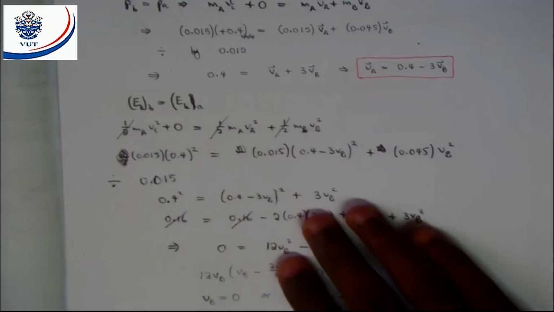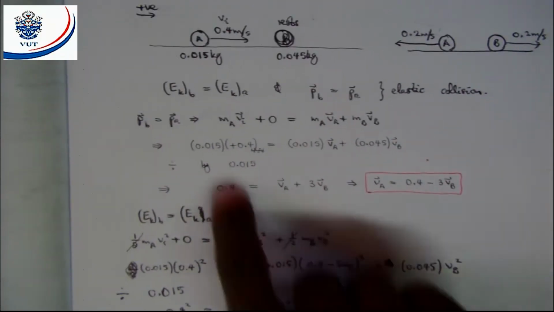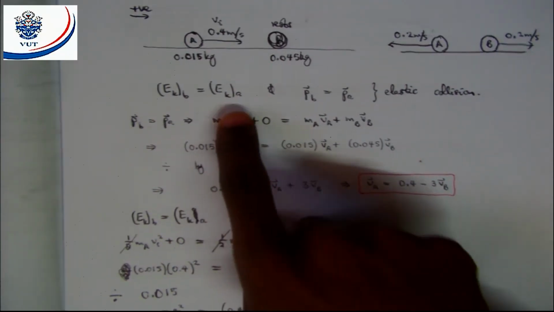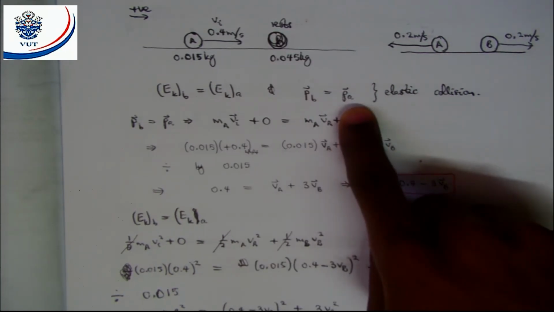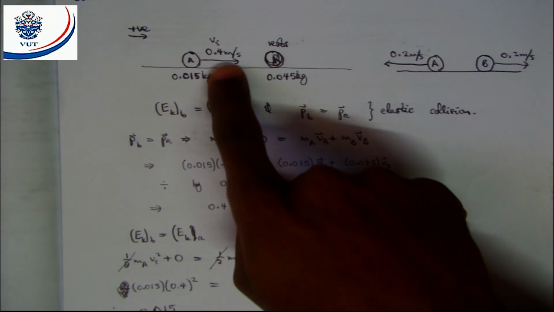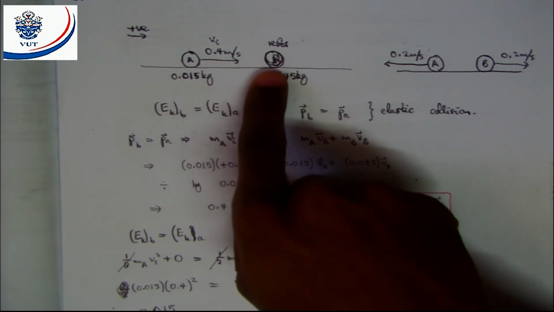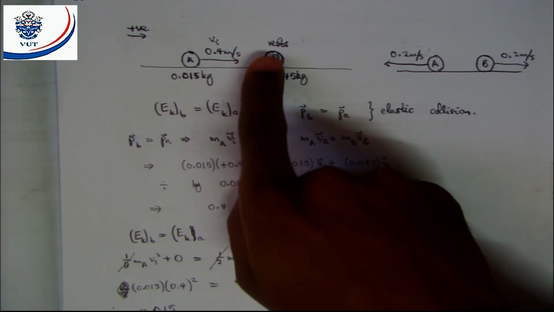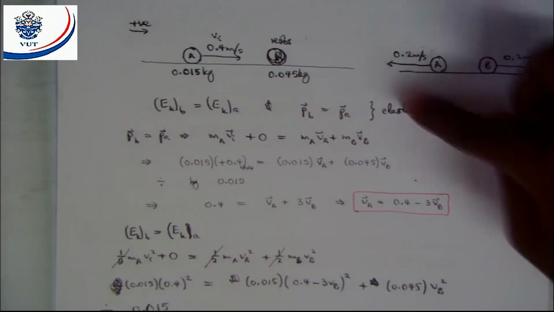My solution is a very long solution. Kinetic energy is conserved and momentum is conserved. Initially ball A is moving at 0.4 meters per second towards ball B, which is resting, and they want to know how they move afterwards.